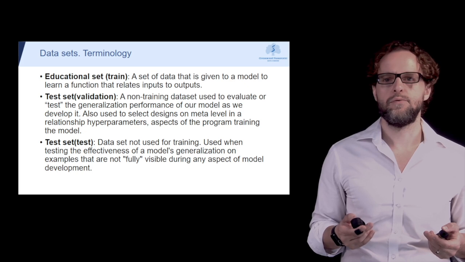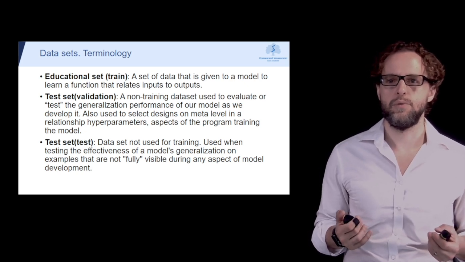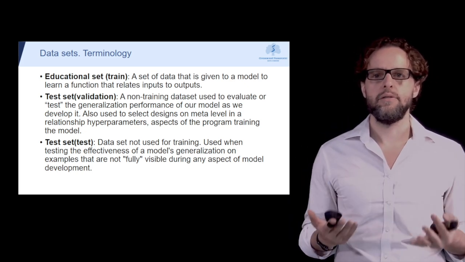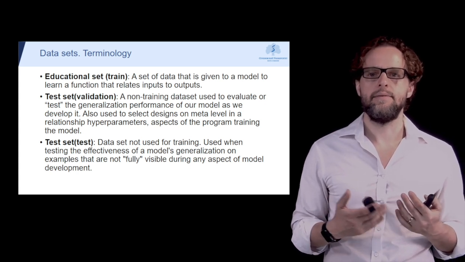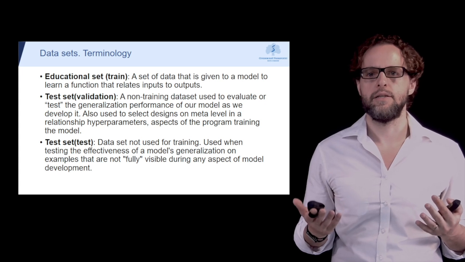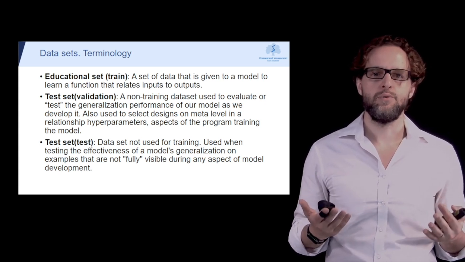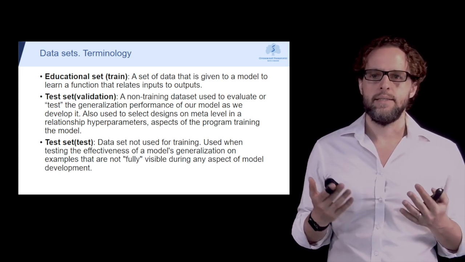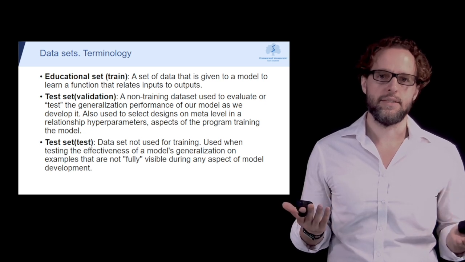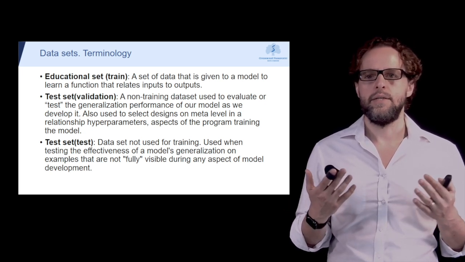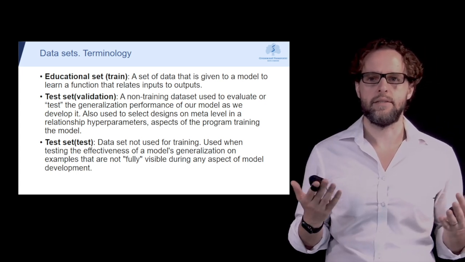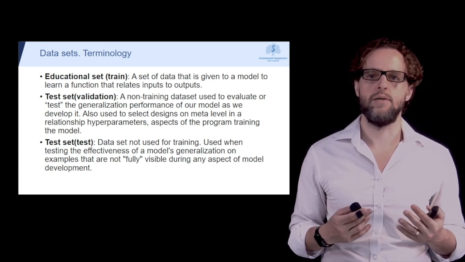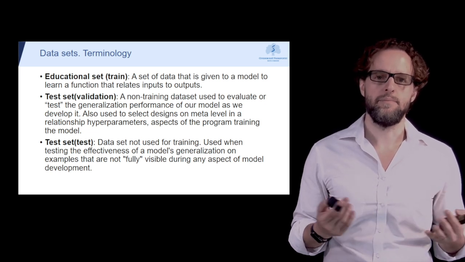On the side of dataset terminology, we have the educational set or training set, a set of data that is given to the model to learn a function that relates input to output. Validation set, a non-training dataset used to evaluate or test the generalized performance of our model as we develop it.